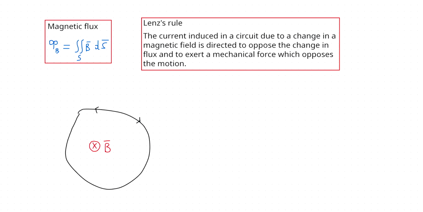According to this rule, induction current will try to compensate decreasing in magnetic field. So induction current should produce additional magnetic field to compensate decreasing of external magnetic field.